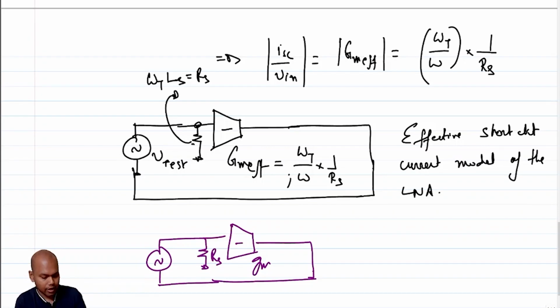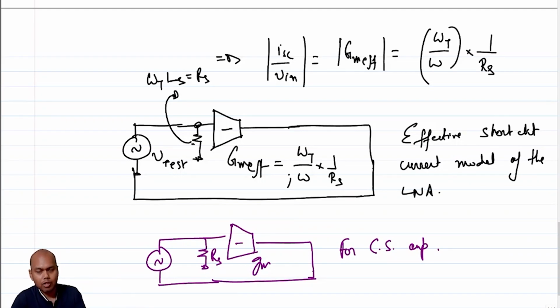In the common source kind of configurations, the effective GM is basically the GM of the transistor. But in our case, the effective GM is omega t over omega times 1 over RS. Note that this is under matched condition and at resonance and so on.